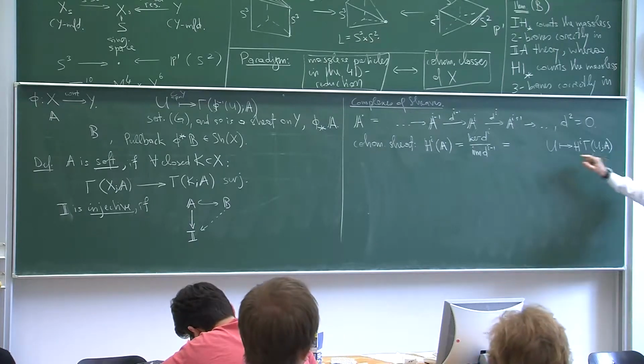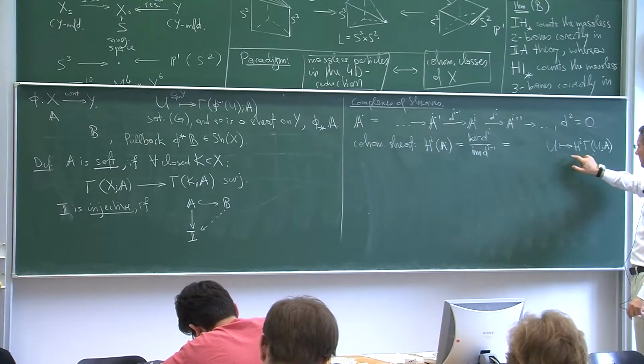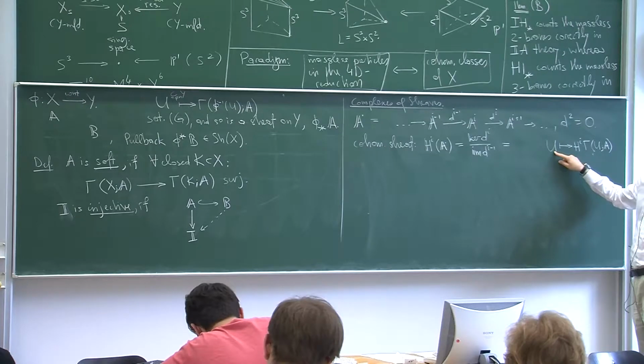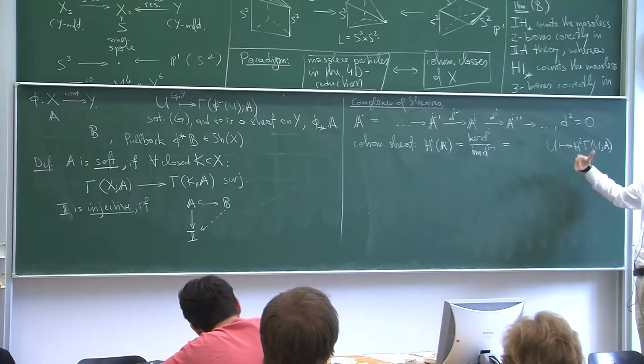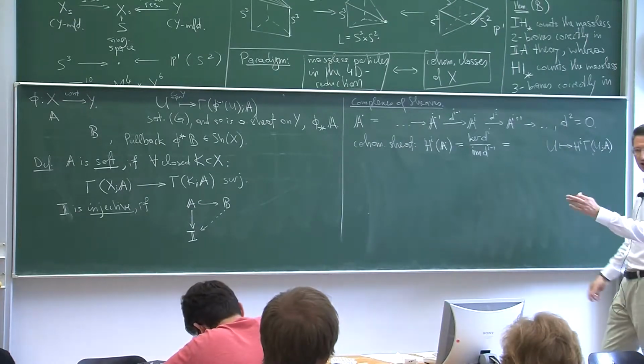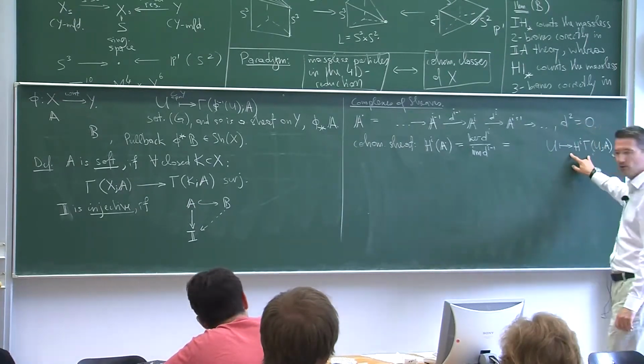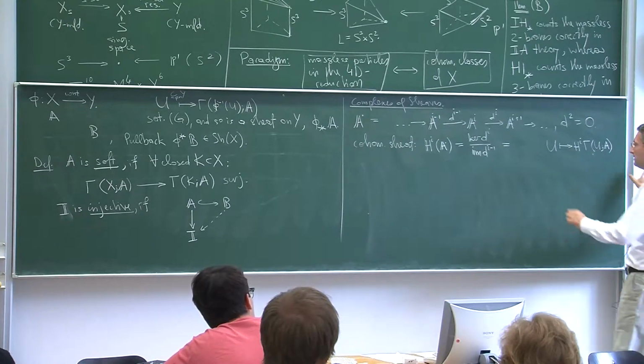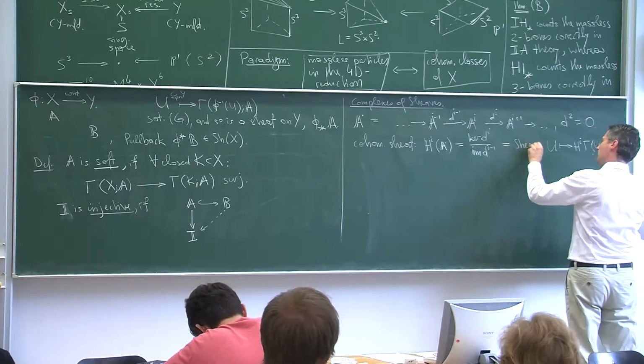And since you have restrictions, this forms a pre-sheaf, but unfortunately it does not satisfy condition G. This is not a sheaf, so you must sheafify it. You must run through all this étale space business and then look at sections, and then you can't use this formula anymore. So that's unfortunate, but there is no way around it. So you must sheafify it.